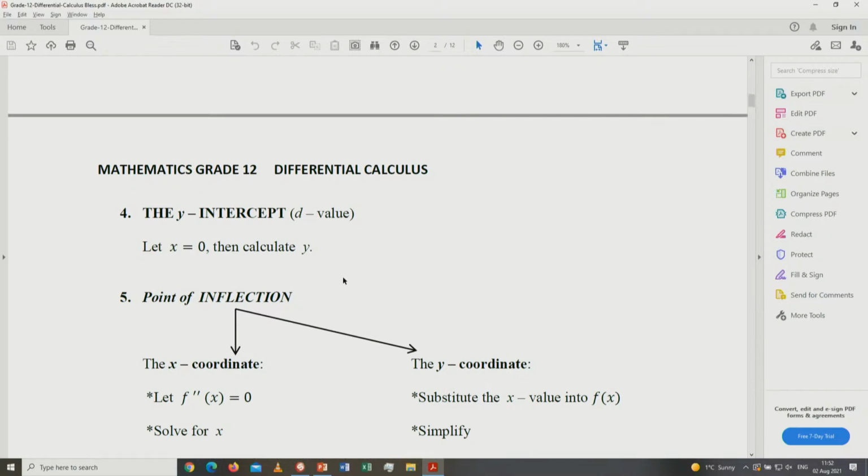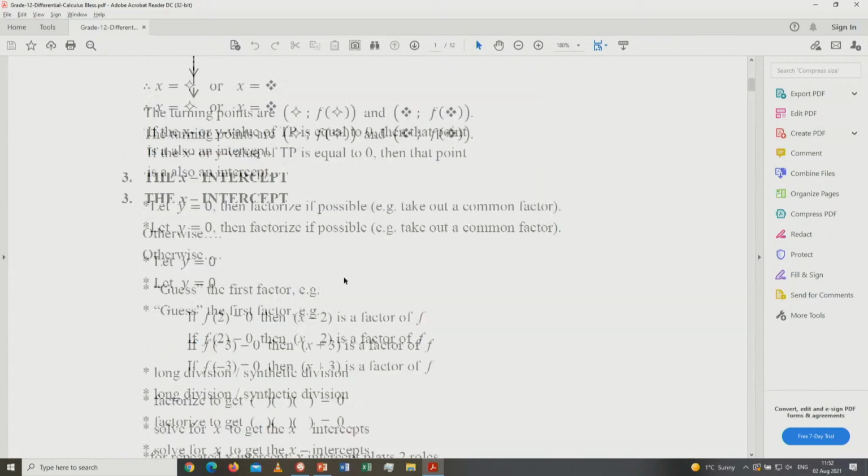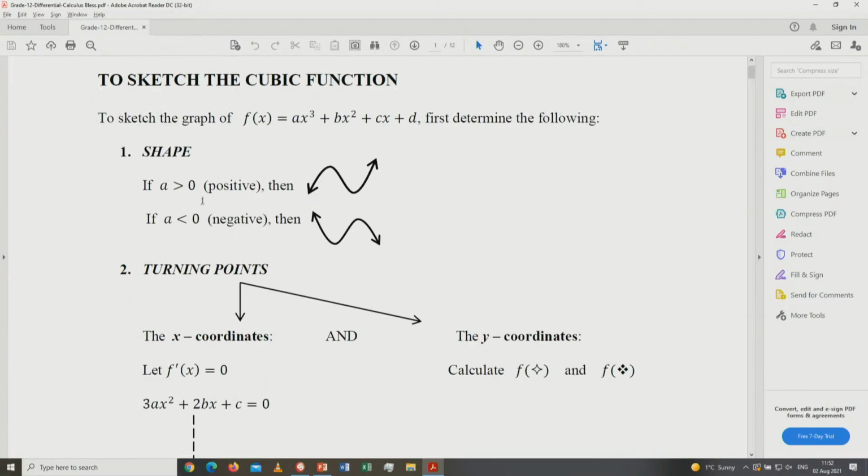Learners, you'll recall from the shape, we said that if the value of A is greater than 0, if it's positive, this is the shape. It begins by increasing, decreasing, and increasing. If you check on this function, you realize that we have concave down, and then we have concave up.